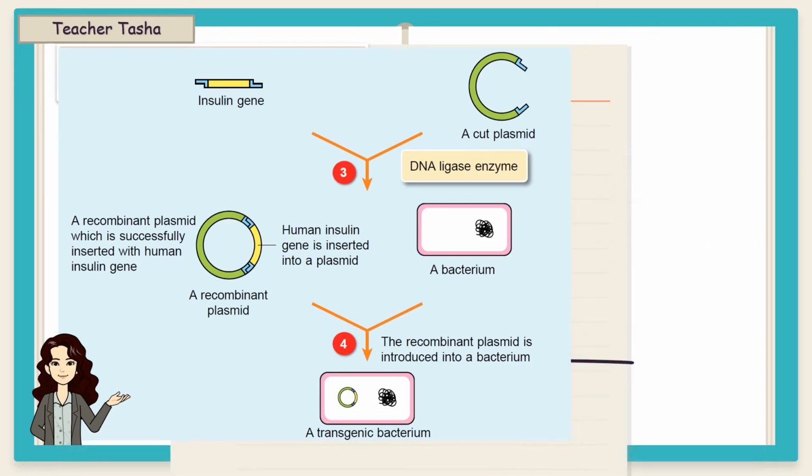Then we insert the gene for insulin into the plasmid using DNA ligase enzyme to form a recombinant DNA plasmid. Then we insert the recombinant DNA plasmid back into the bacterial cells, forming a transgenic bacterium.